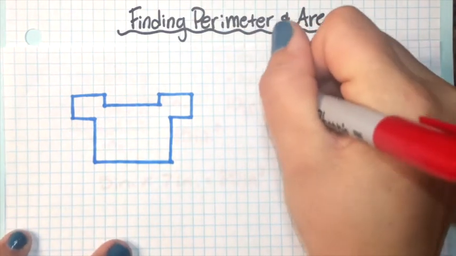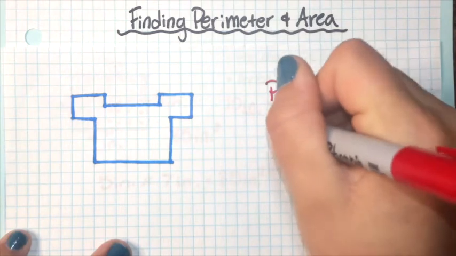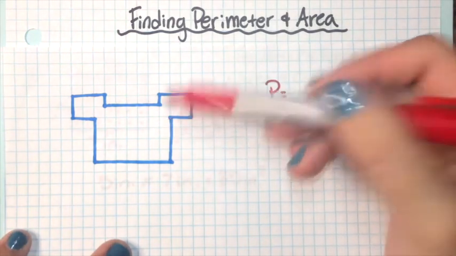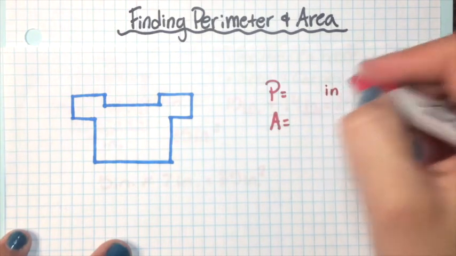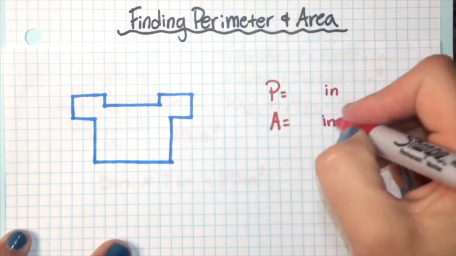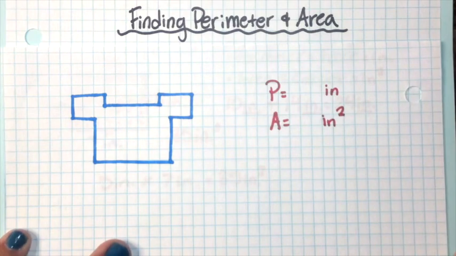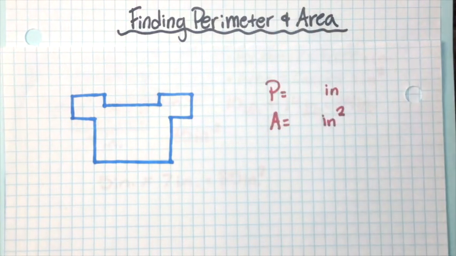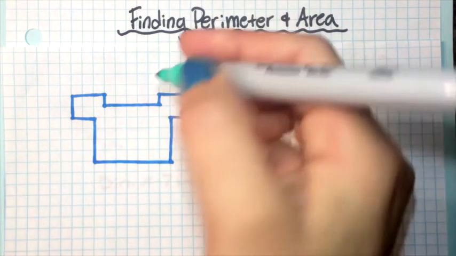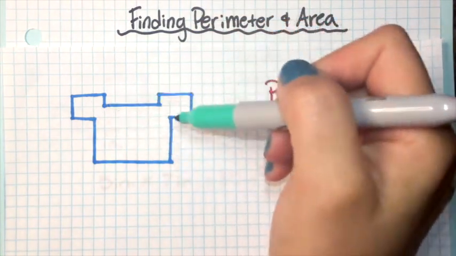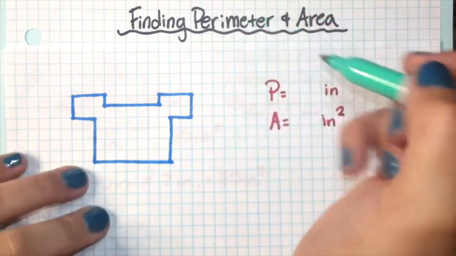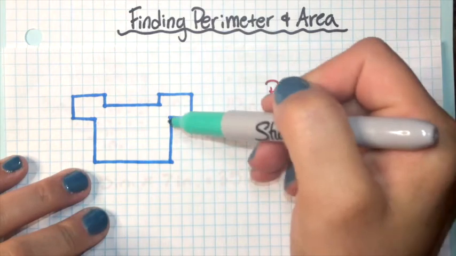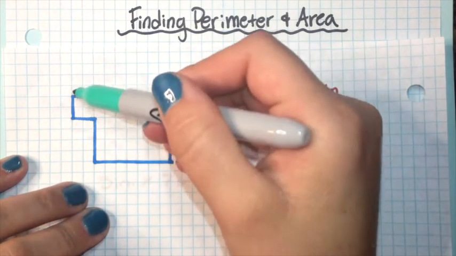So here, let's start with perimeter, P, and A for area. Each one of these squares is going to be an inch, so I'm working in inches, and I know my area is going to be inches squared. The easiest way to do this, when you have the squares to help you, is to just count to find the perimeter. It's the fence around the object, so you count how long that is.